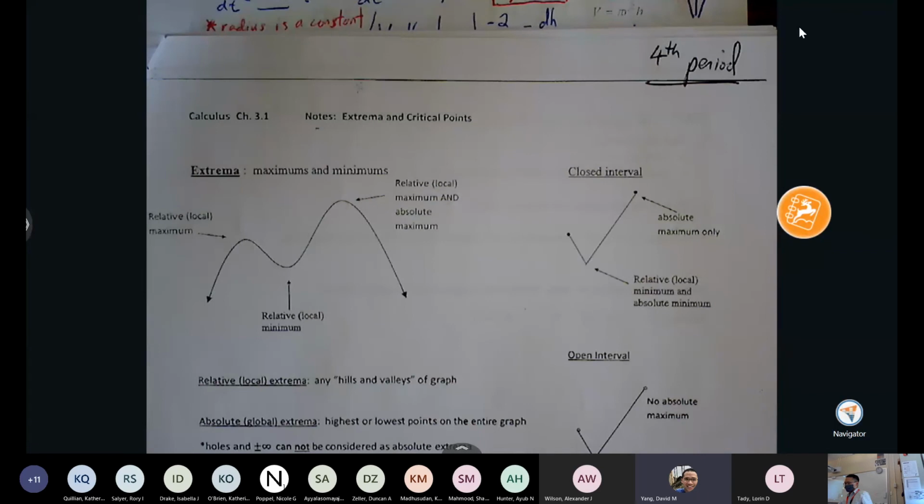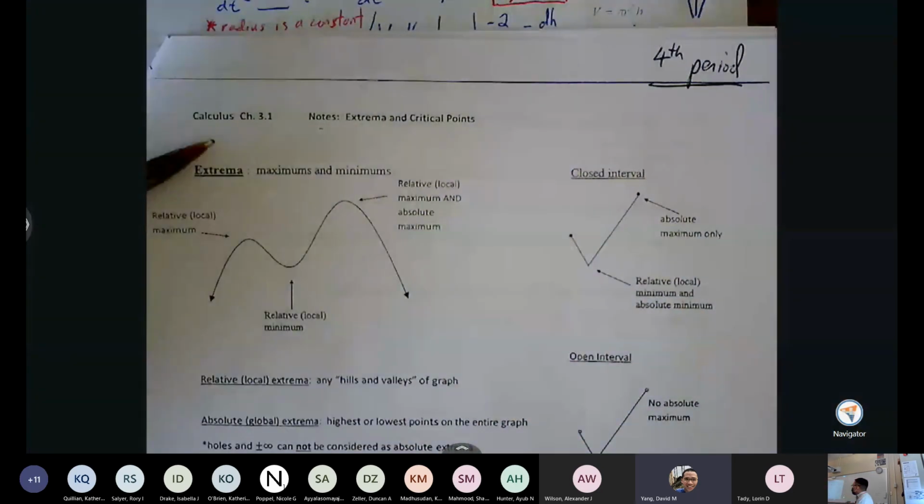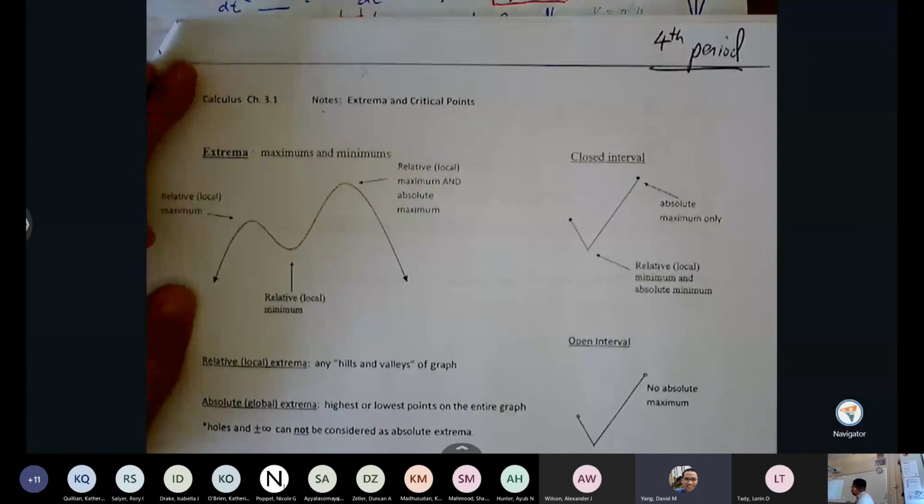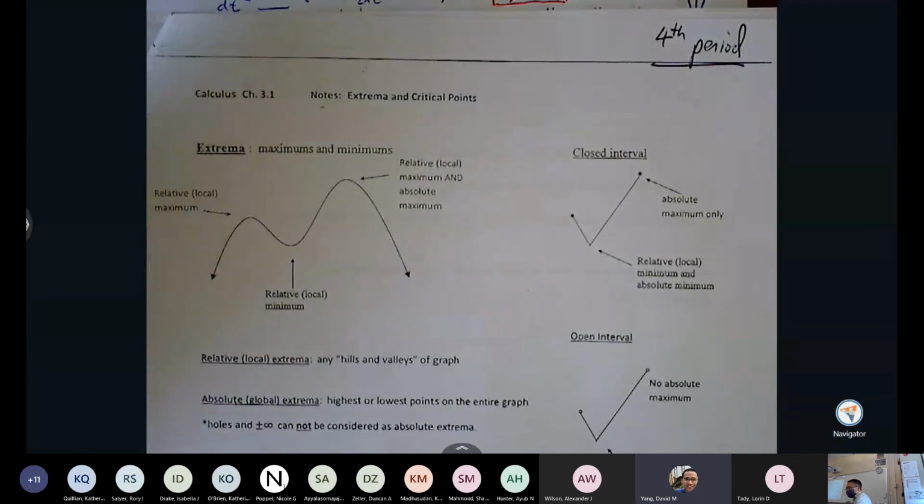Okay, so we're going to start chapter 3. The main topic this falls under is curve sketching. So the idea is that we're going to work towards being able to look at a function and a derivative and gather information about the graph: critical points, where the graph has a max and min, the peaks and valleys of the graph, intervals where the graph is rising, where the graph is falling, and intervals of different curvatures of the graph.